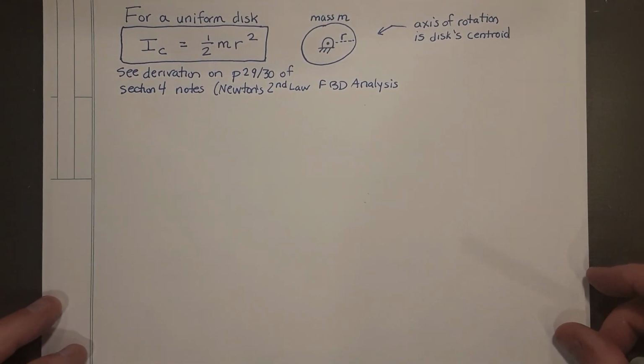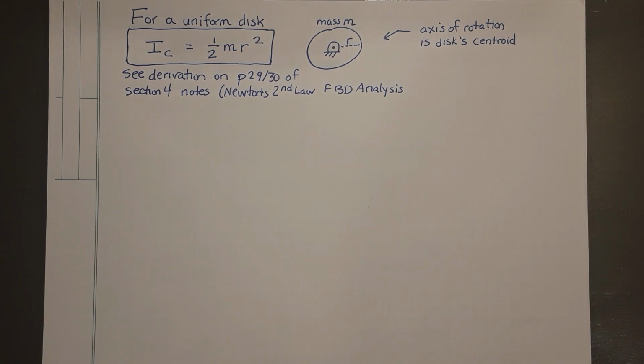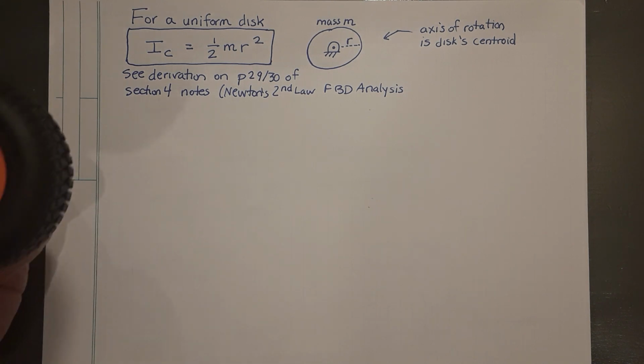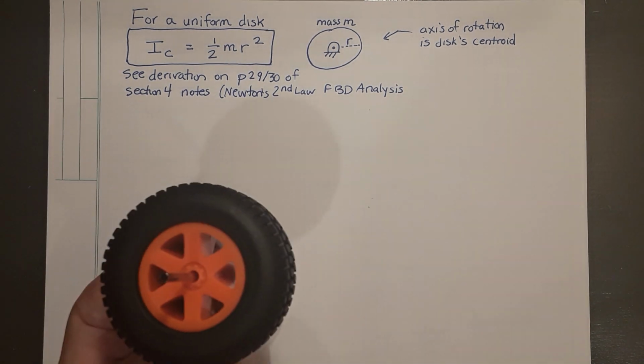Now, for a uniform disk, the moment of inertia of an object around its centroid is given by half the mass of the object times its radius squared. Now, this is not a uniform disk.